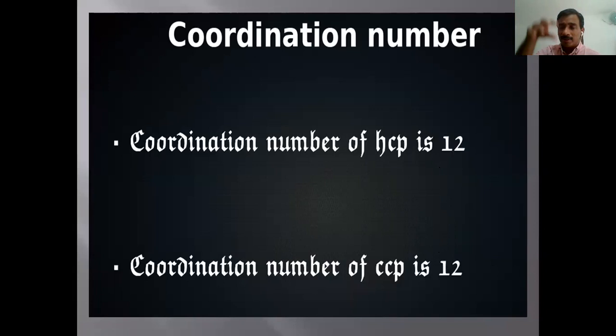That means one sphere in a layer is in contact with 6 spheres of the same layer, and it will be touching 3 spheres above it, that means 3 spheres in the second layer, and it will be in touch with 3 spheres below it, that means the layer below that particular layer. So total, 3 plus 6 plus 3, total 12. The coordination number of HCP is 12. Similar is the case of CCP. The coordination number of CCP is also 12.